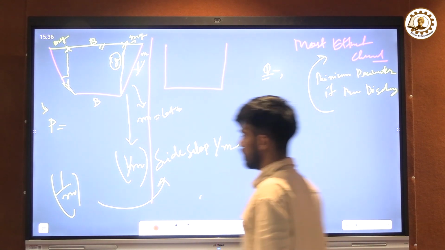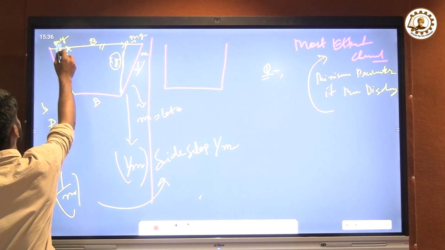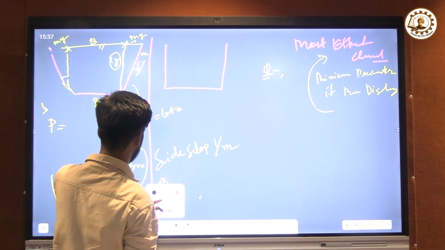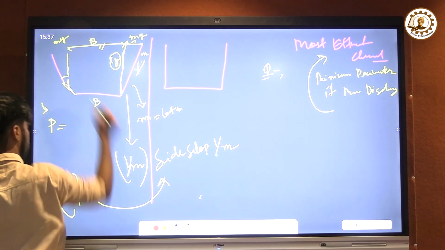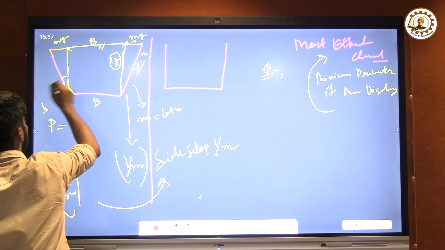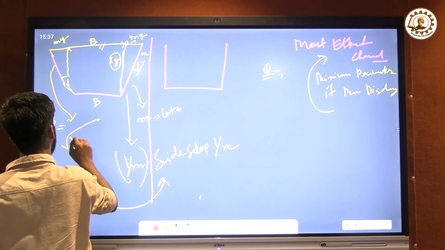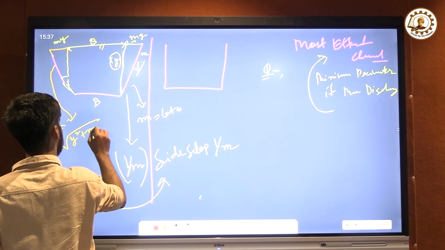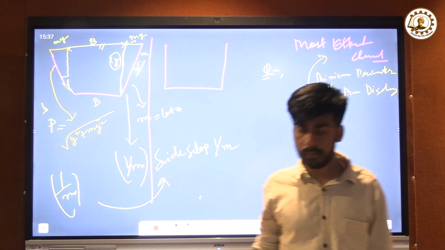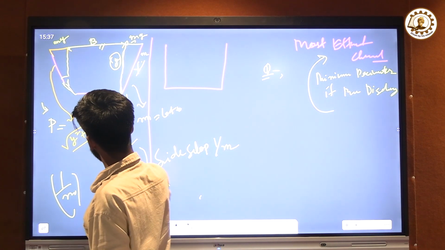Now what will be the perimeter if this thing is my? Then this value will be y square plus my the whole square.